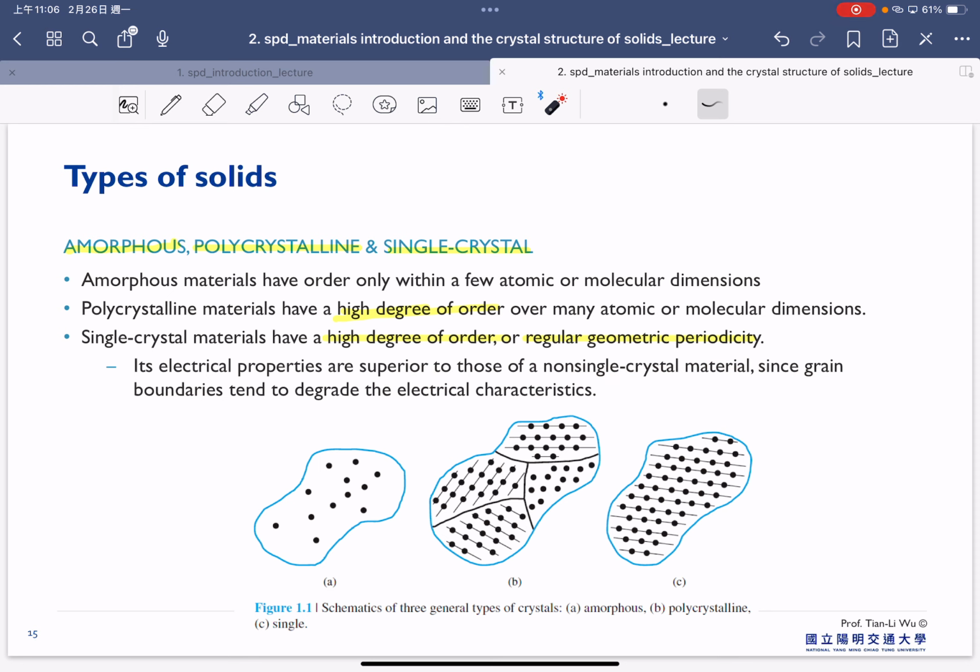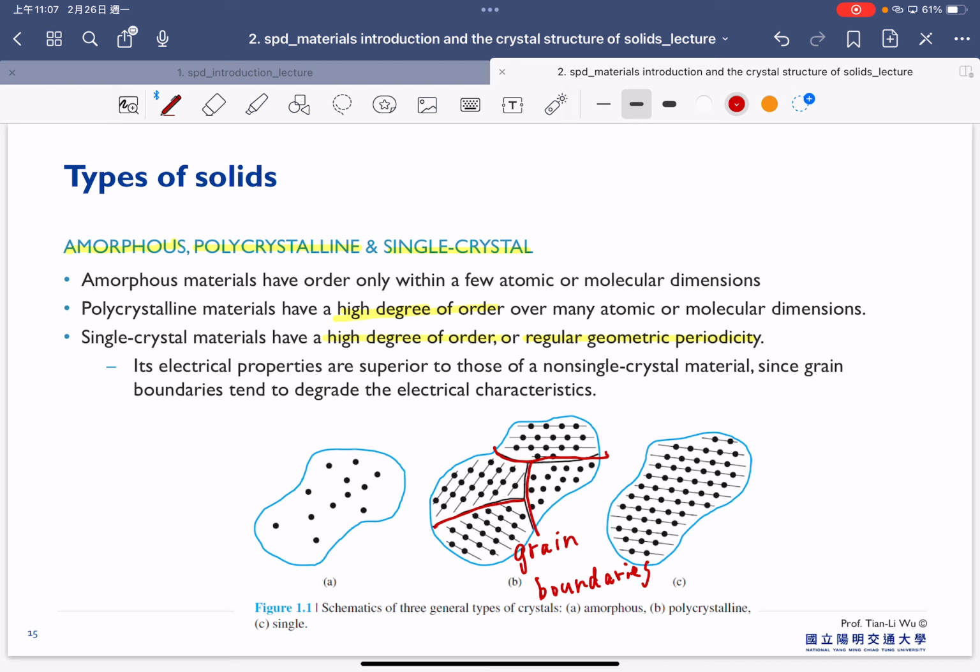And in here, this is a grain boundary. So as long as we have a grain boundary, there will always be a chance to degrade the electrical characteristic.